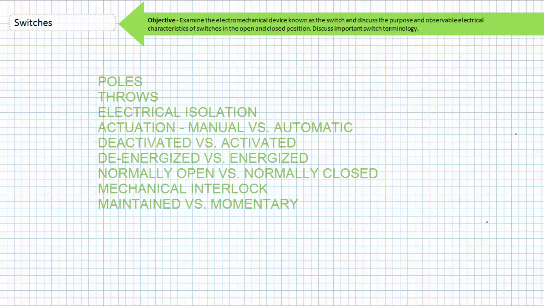Among the terms we'll use to discuss switches are poles, throws, electrical isolation, actuation, activated versus deactivated, energized versus de-energized, normally open versus normally closed, mechanical interlock, and finally momentary versus maintained.